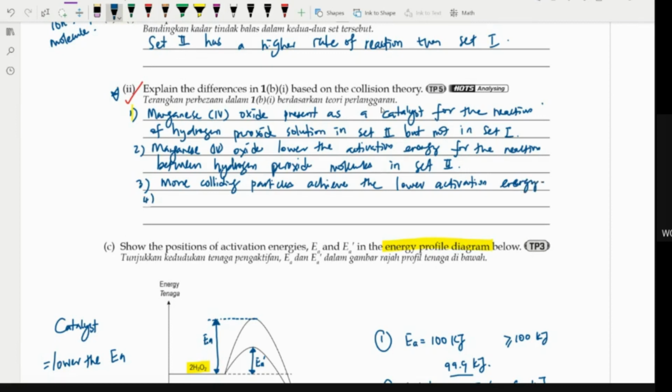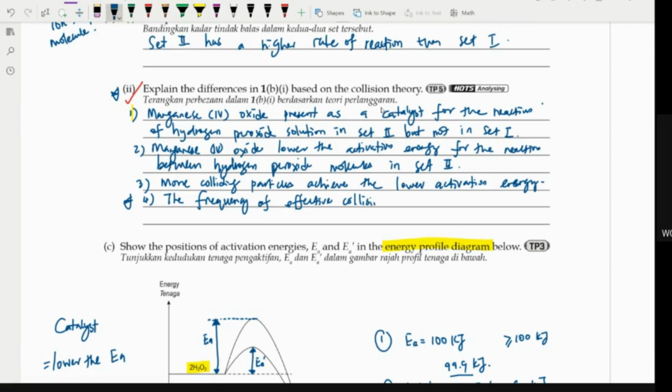Point number 4. So here for the catalyst, no need to mention the frequency of collisions. We directly mention the frequency of effective collisions. This is the only difference for catalyst compared to the other factors.